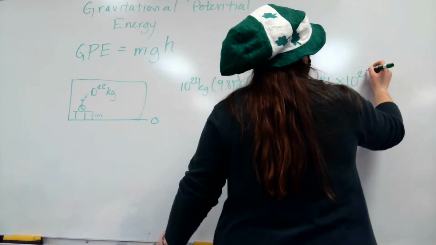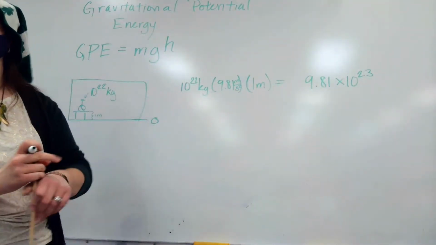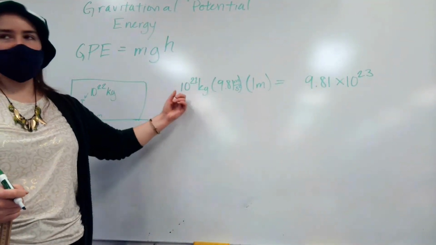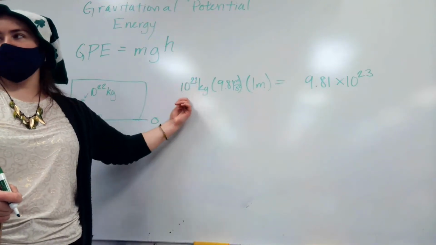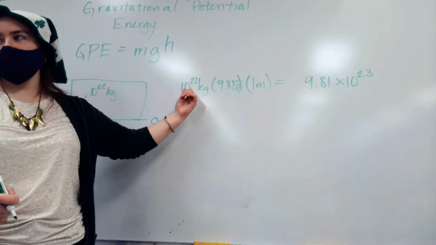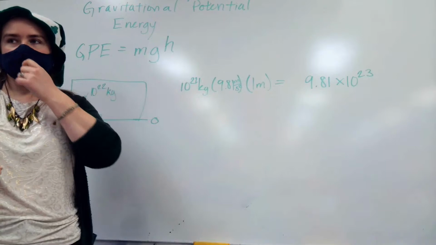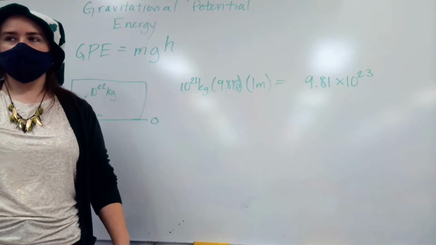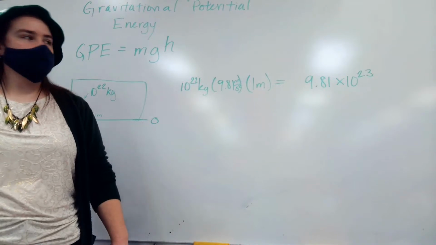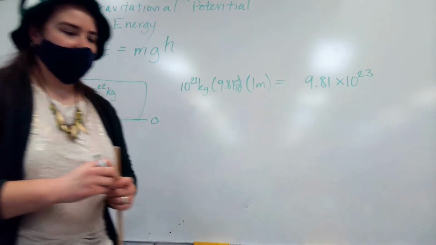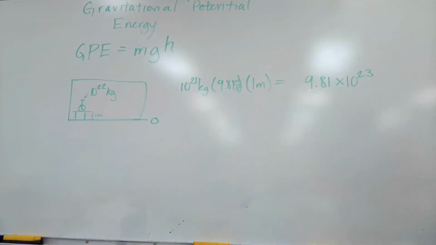Technically this is not scientific notation, because it's 10 to the 22nd, so it should be 1 times 10 to the 22nd, which is different than 1 times 10 to the 23rd.